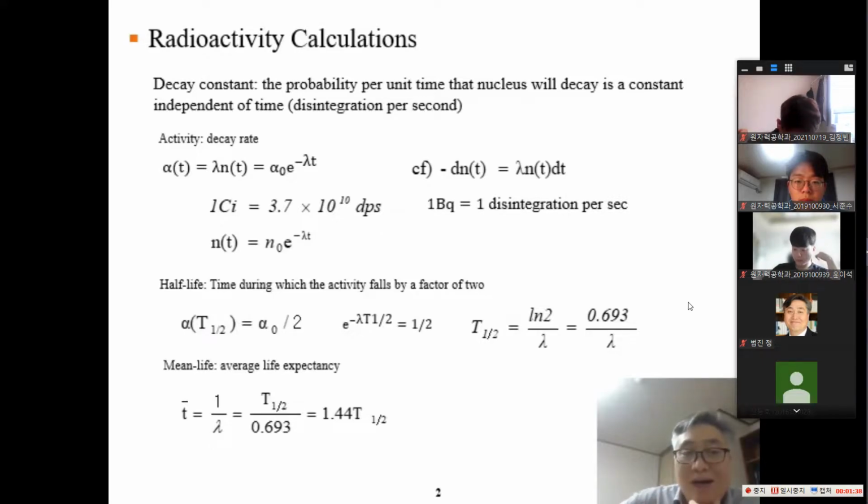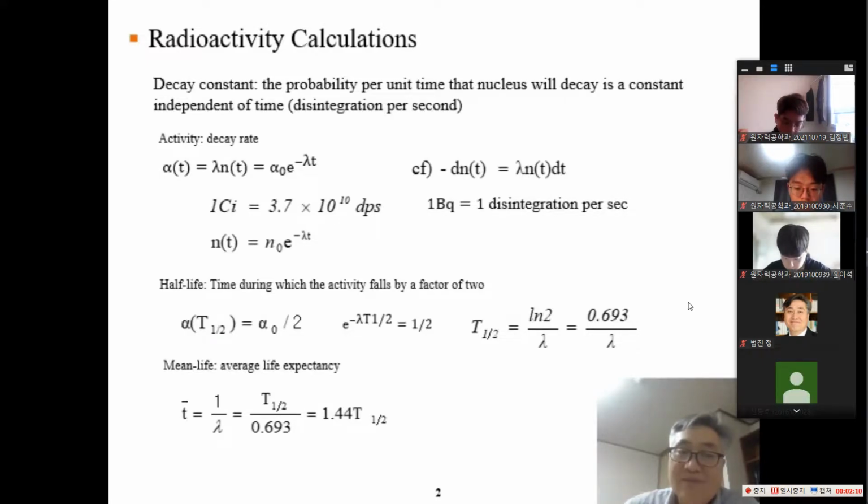Lambda means the ratio of elements that undergo radioactive decay. So if we multiply lambda and N, that means this amount of elements undergoes radioactive decay.